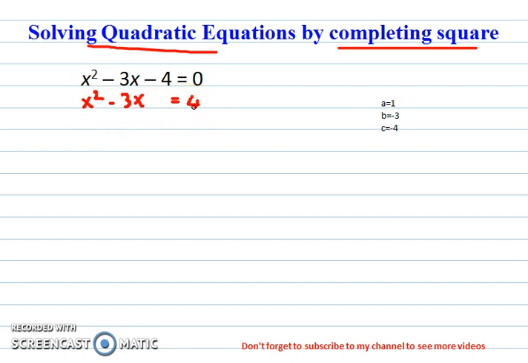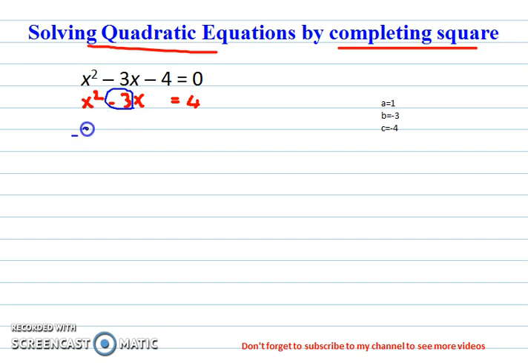Now, the method of completing the square tells us we need to take the coefficient of x, which is right here. Let me change the color so you can see. We take the coefficient of x, we divide it by 2, and we raise it to power 2.